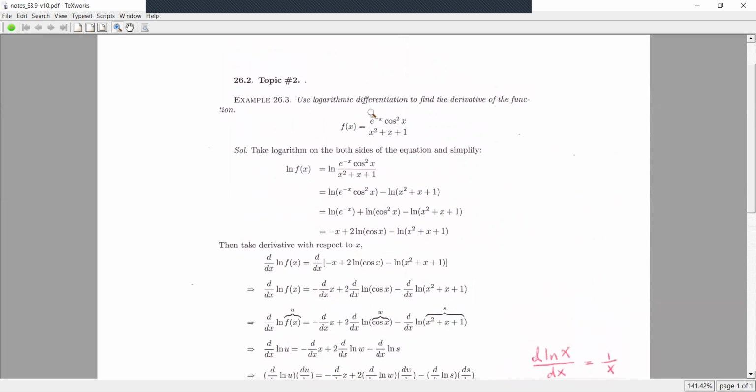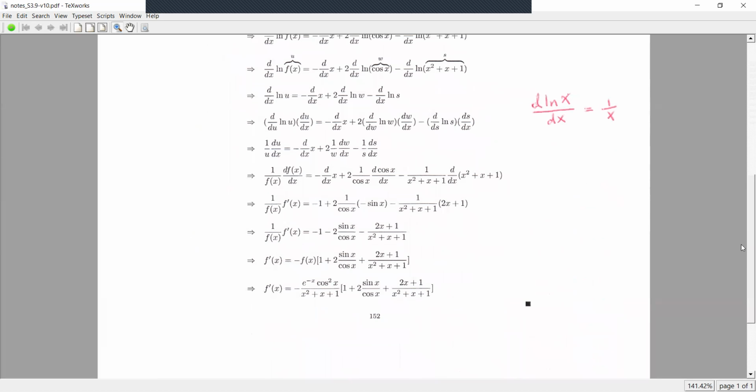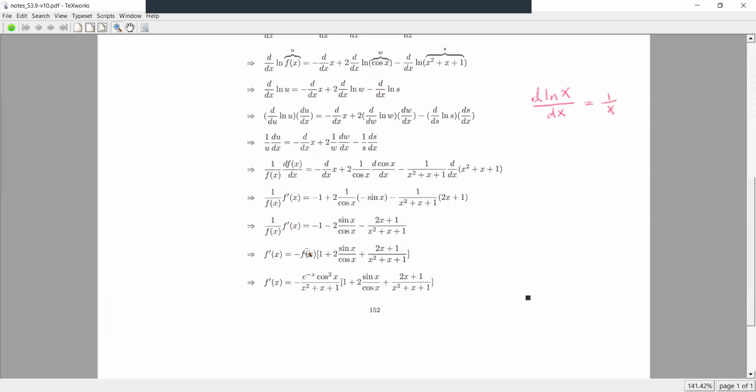Function f is this function. Plugging this function in for f here, then I have this equation. The right side of the equation is the answer to this example.